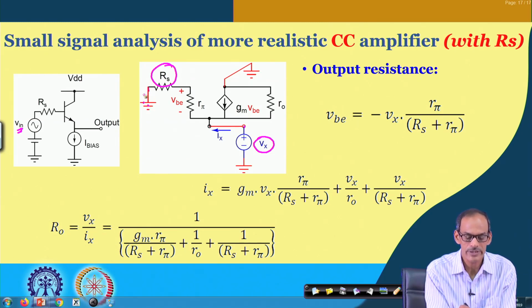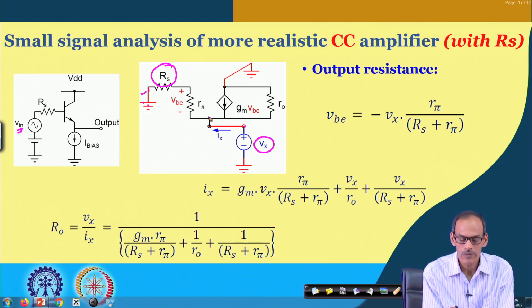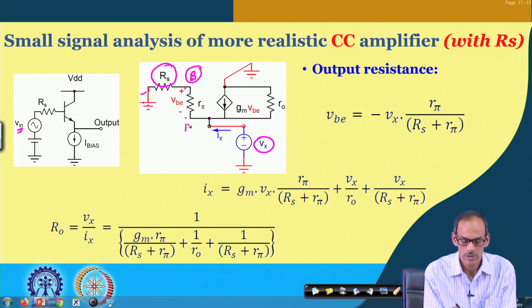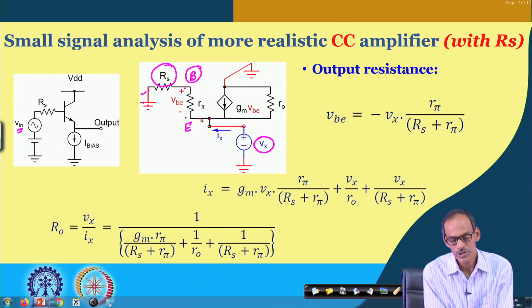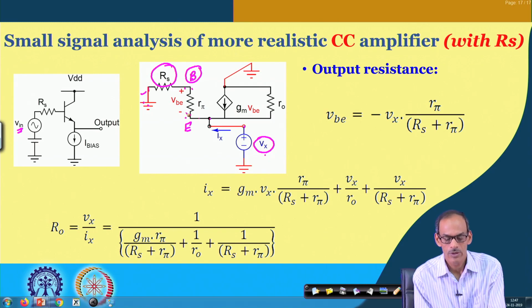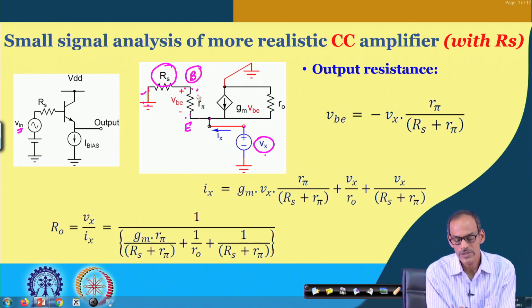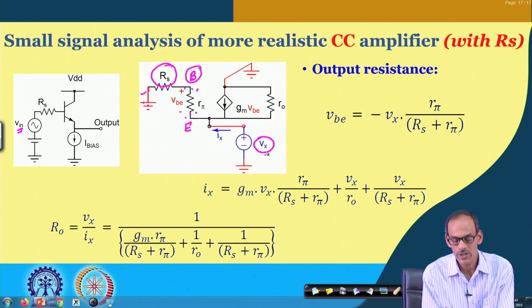So, that is why we are making this AC ground, and if we apply V x here, the voltage coming at the base to emitter terminal, V b e, is essentially the potential division of this V x appearing across this R pi. So, we can say that the voltage appearing across R pi is V x multiplied by R pi divided by R s plus R pi.